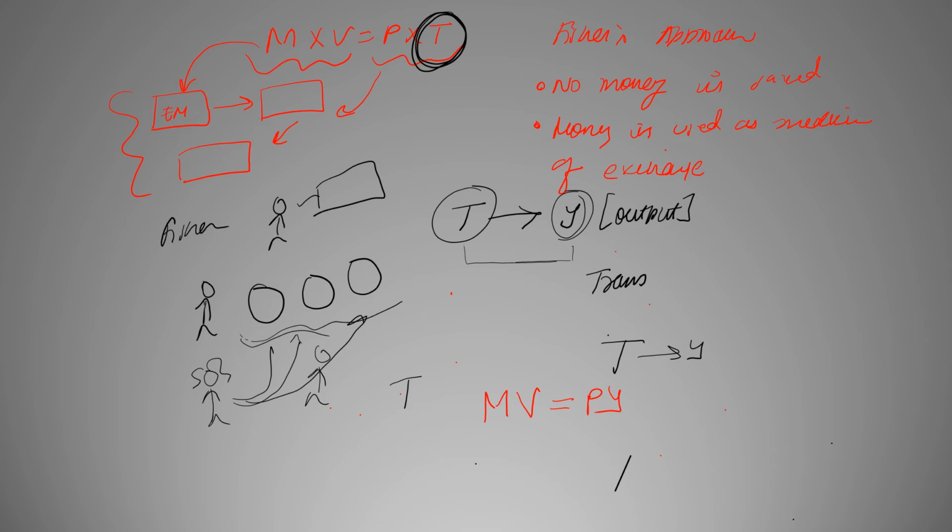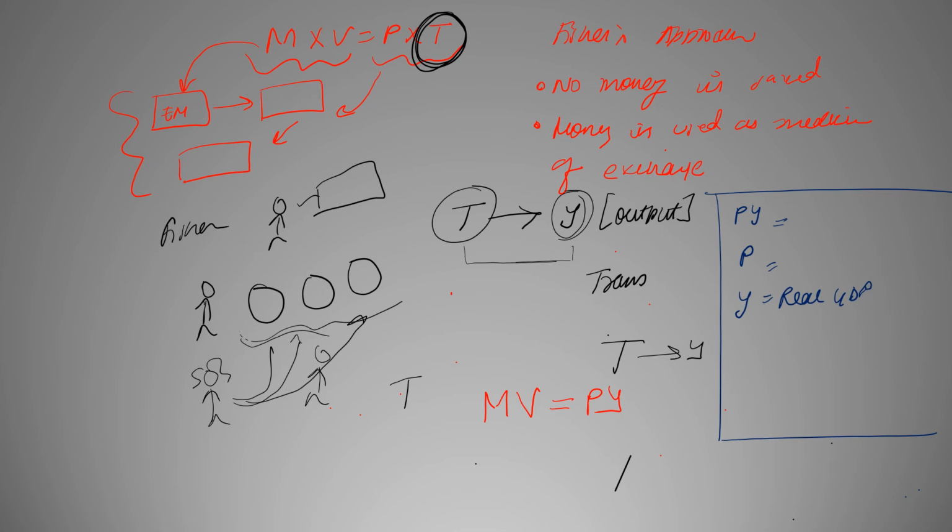Now before ending this video, there are a few things that you need to keep in mind, because while answering some questions, you might get these values or you will be asked the values. So in this approach, P and Y have some very important values. Y is the real GDP.